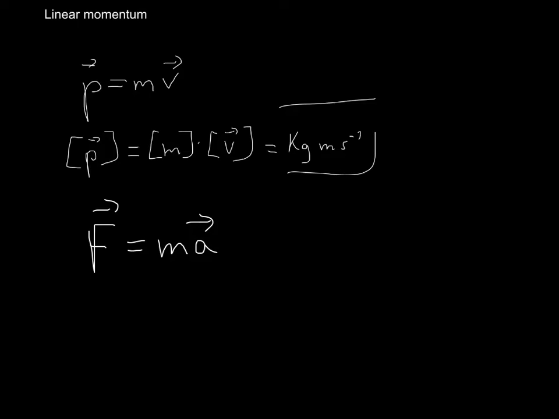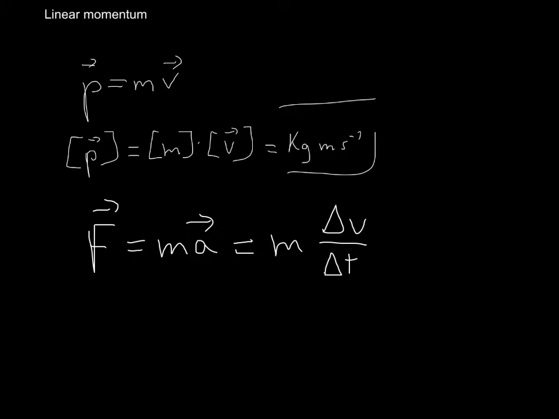Now, I can fix this, and the way to fix it is to do this. Well, acceleration is just the increase in velocity per unit time, so I can rewrite this as mass times the increase in velocity per unit time. And then, since mass is constant in here, because we were assuming this when we wrote this equation, otherwise, as I said, it doesn't work, then we can say that the mass times the increase in velocity is the same as saying the increase in mass times velocity.